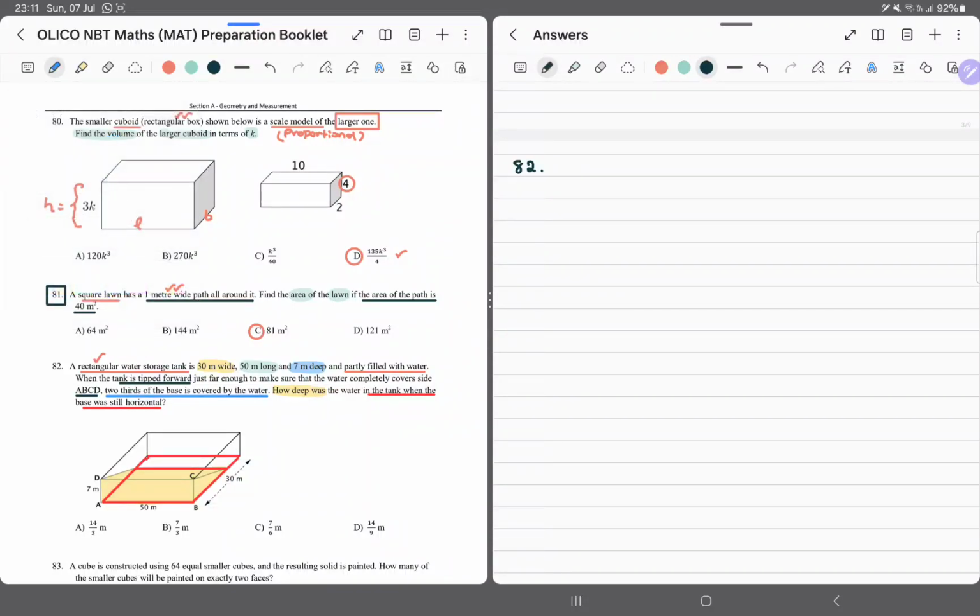Now, let's just imagine the water level was over there. So we just want to work out a way of suggesting something. Say that was the water level before this was tipped over.